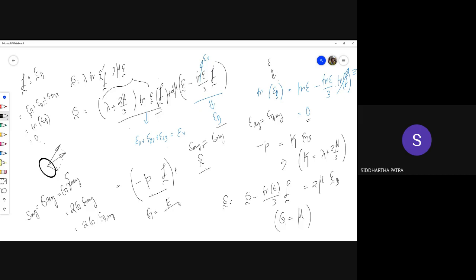But then you also know G equals E divided by twice (1 plus nu), and K is E divided by thrice (1 minus twice nu).